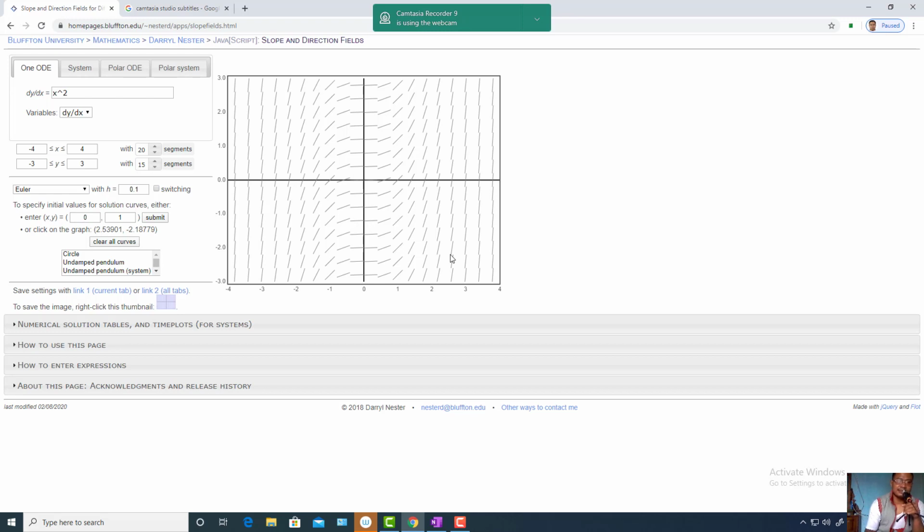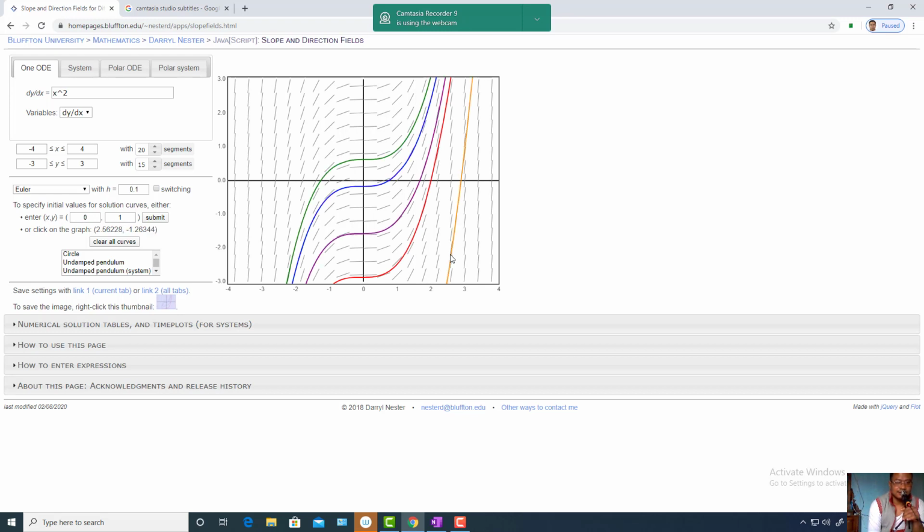Let us now see the solution curve at any point here. Suppose I click here, so this is the solution curve. You have lots of solution curves here, so you can do it yourself.